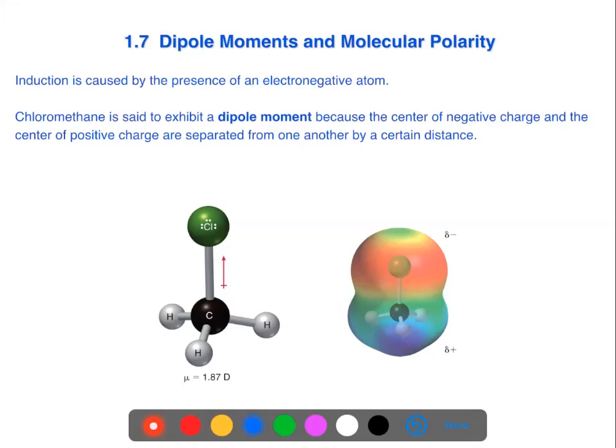So for example, chloromethane is said to exhibit or have a dipole moment because the center of negative charge and the center of positive charge are separated from one another by a particular distance. To simplify that, again, we can just look at the nature of the electronegativity between the chlorine atom and the carbon atom.